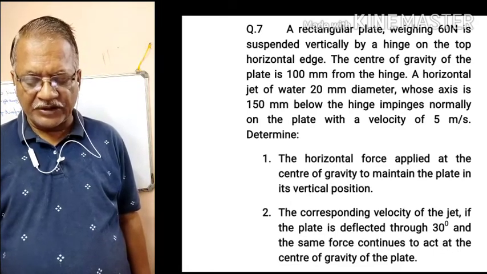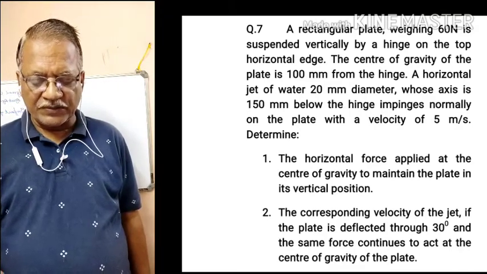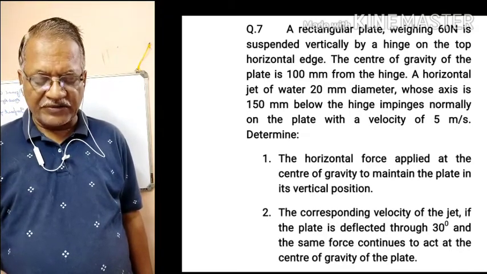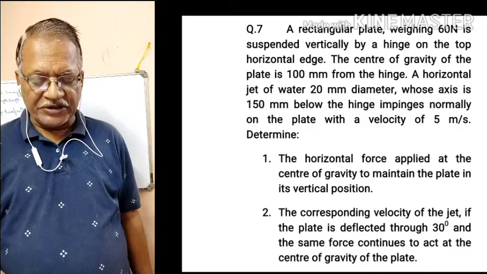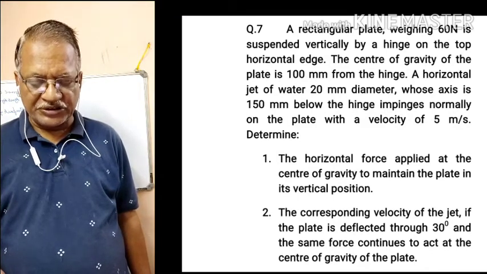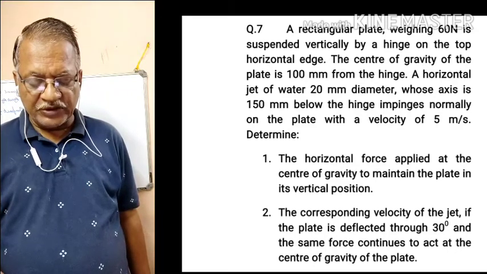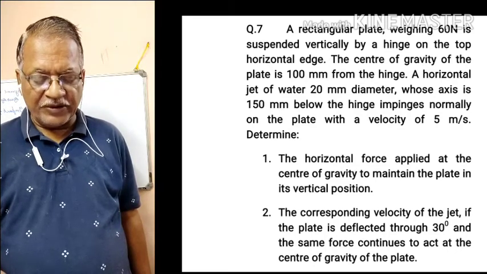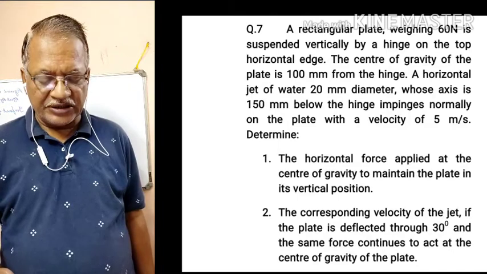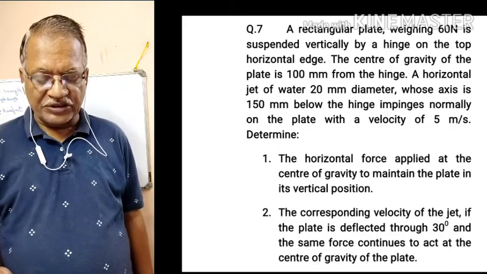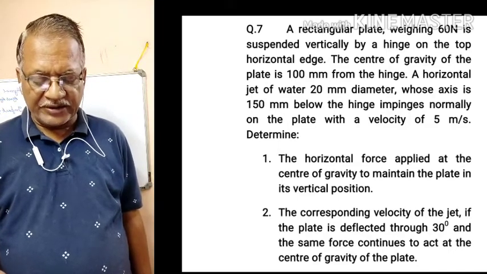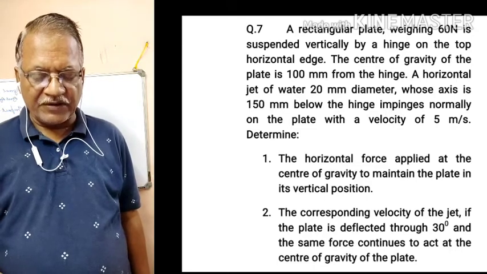Determine: 1. The horizontal force applied at the center of gravity to maintain the plate in its vertical position. 2. The corresponding velocity of the jet if the plate is deflected through 30 degree and the same force continues to act at the center of gravity of the plate.